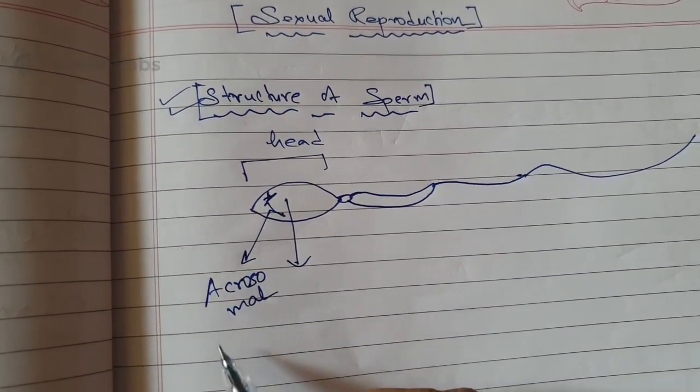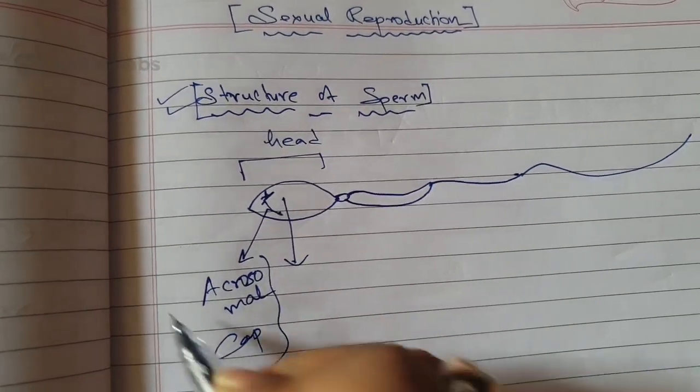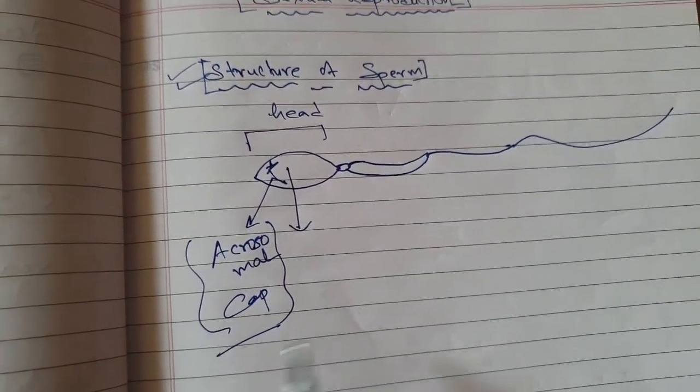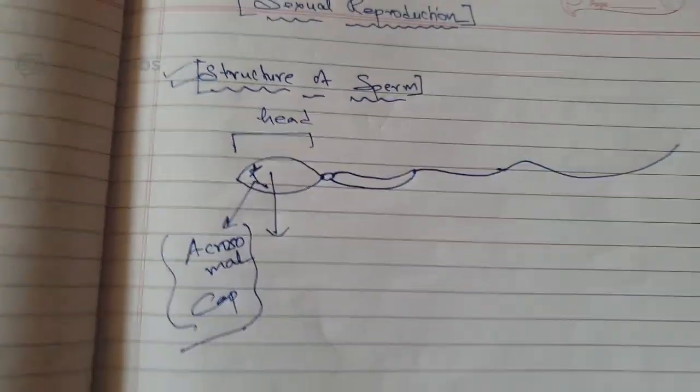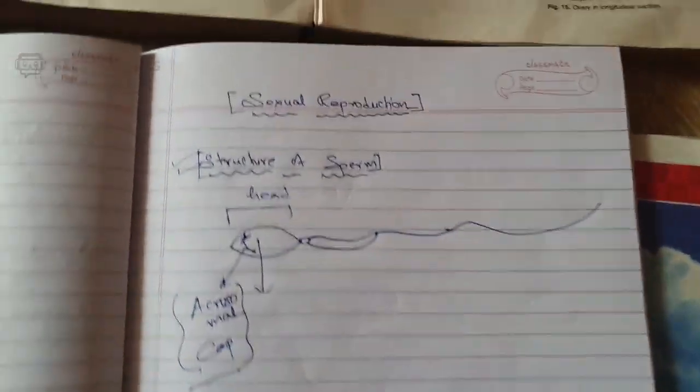If you remember my previous video, the acrosomal cap forms after the spermatid forms.